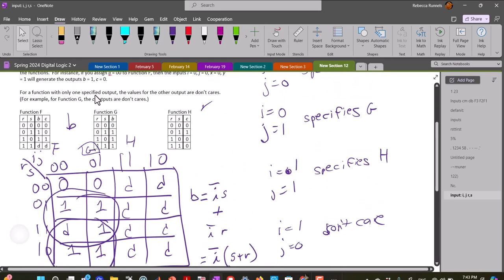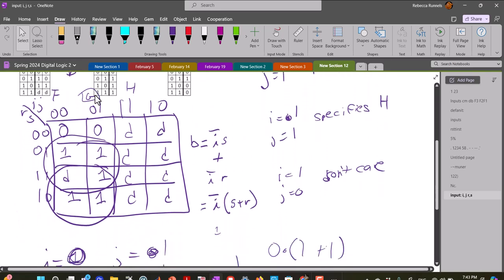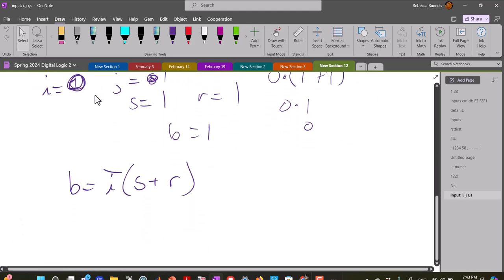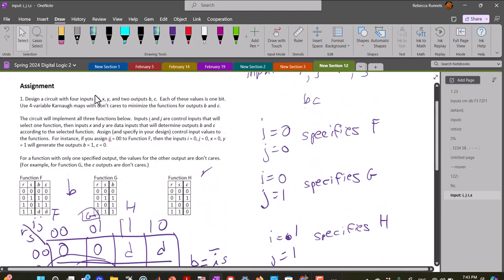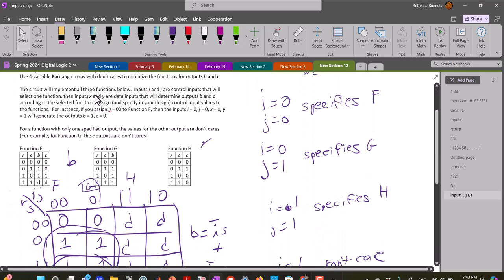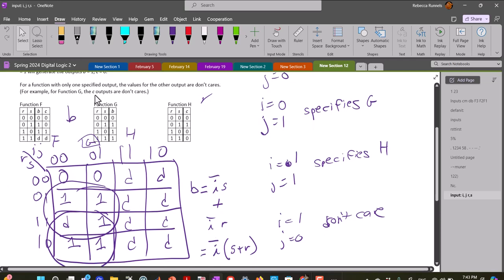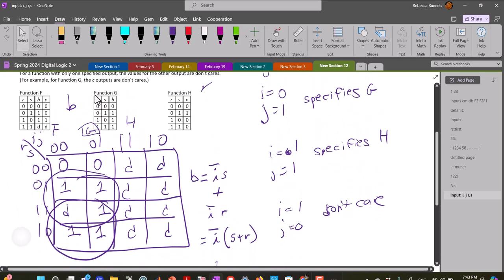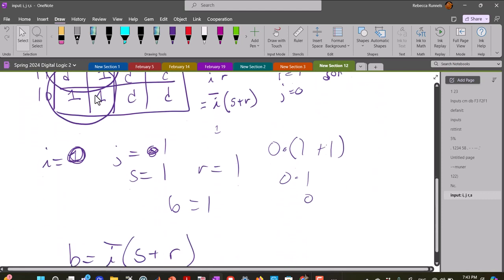Okay, so you will need to do the same thing for C. So you'll need to do your Karnaugh map for C and come up with what its circuit is. So you would use the same setup.